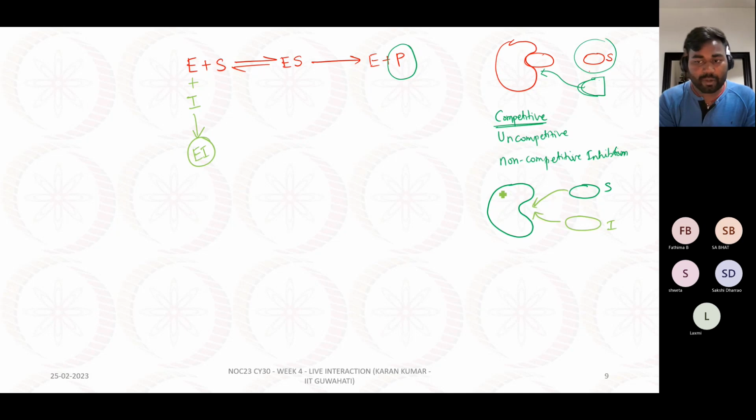In uncompetitive and non-competitive inhibition, there is some other site where the inhibitor comes and binds, due to which the active site shape is changed, the substrate cannot bind to its active site, and thereby catalysis cannot happen. This phenomenon is known as uncompetitive or non-competitive inhibition.